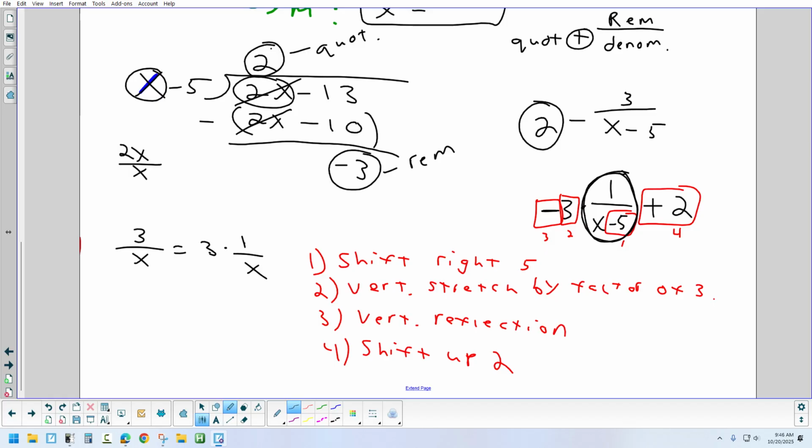So just forget about everything else, just this fraction. So take 1 and divide by 1,000,000 minus 5. So you take 1 and divide by 999,995.